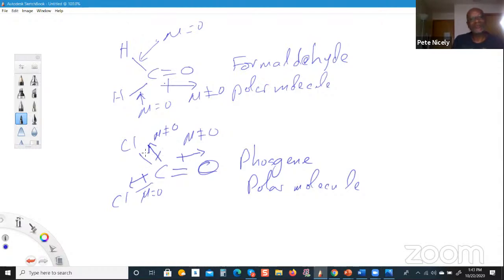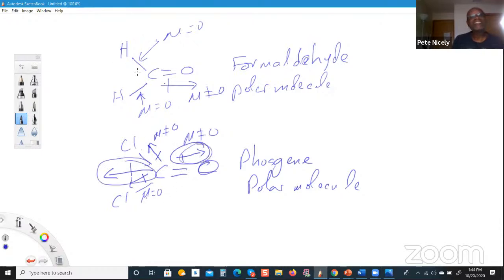Okay, let's look at it this way. If you were to add these two dipole moments, the two carbon to chlorine bonds, the net result of those two would oppose this, right? So this dipole moment here will oppose this dipole moment here.